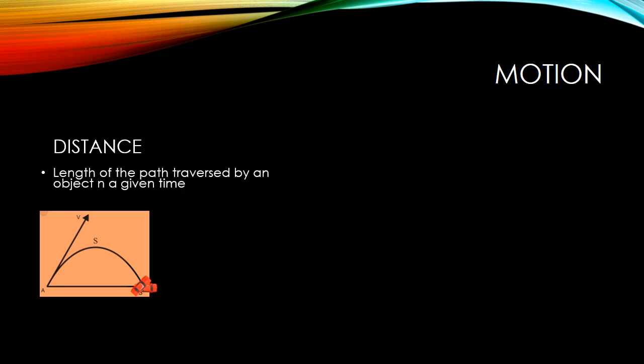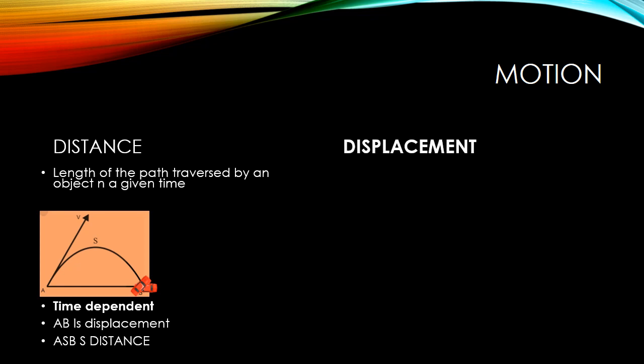The length of the path traveled by the object in a given time is the distance. You have learned this already, isn't it? So it is a time dependent quantity, and AB is the displacement. ASB is the distance. AB is the shortest path, so it is the displacement, and ASB is the distance.